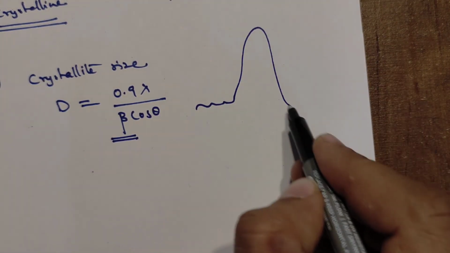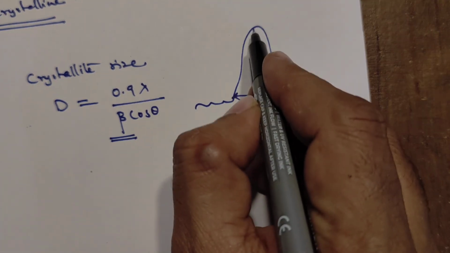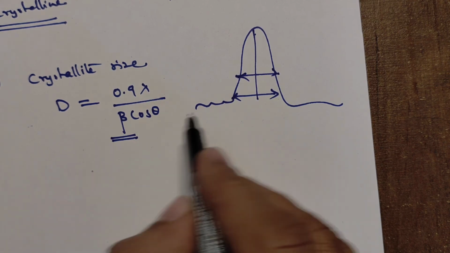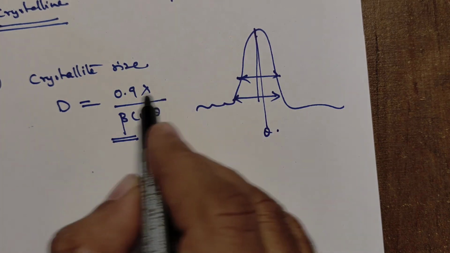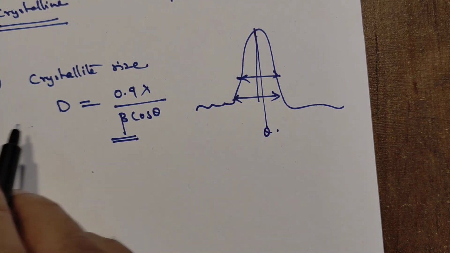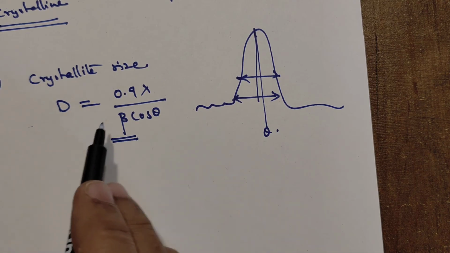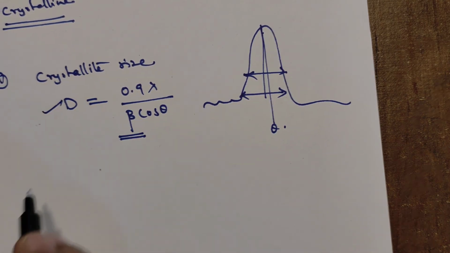For example, for this peak, this width is the total width. The full width at maxima is taken as beta, theta is the corresponding angle, lambda is the source, and 0.9 is the shape factor. This formula is obtained from the Debye-Scherrer relation. So by using the Debye-Scherrer formula, it is possible to measure the crystallite size.